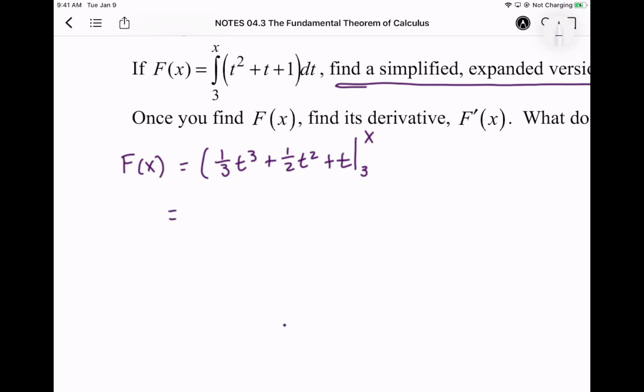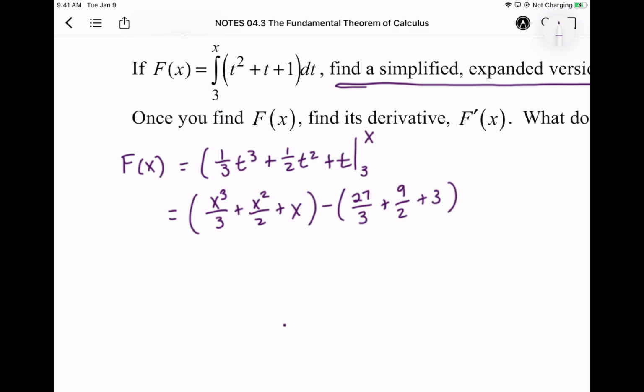And we're going to continue to expand by plugging in the values. So we're going to get x cubed over 3 plus x squared over 2 plus x, minus, plugging in 3, 27 over 3 plus 9/2 plus 3.